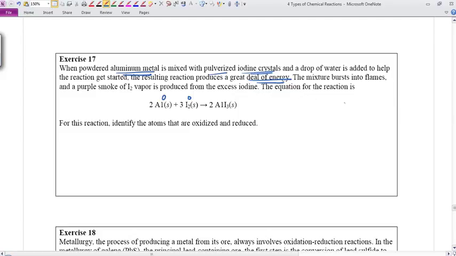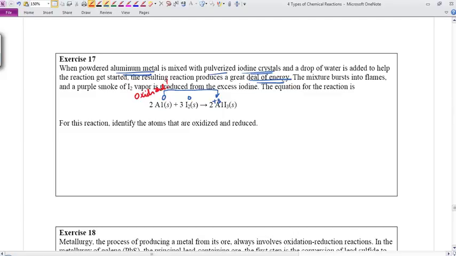The equation for the reaction is given. For this reaction, identify the atoms that are oxidized and reduced. All right, so what did the aluminum do? It went from 0 over to a +3. So that is oxidized, which means mathematically the number increases, as opposed to, go ahead, guess what reduced means.